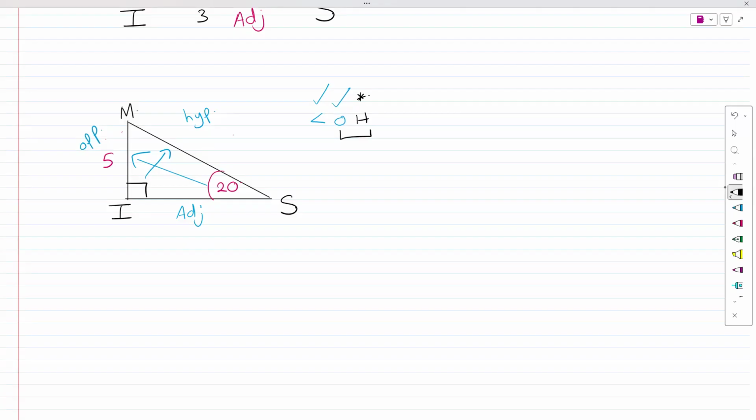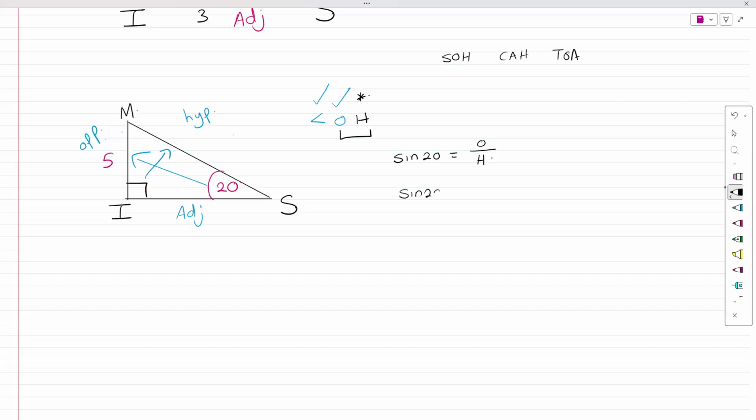Now, in terms of SOHCAHTOA, what uses O and H? Sine. Well done. Sine uses O and H. So again, sine of 20 has to equal O over H. So let's substitute what we have.